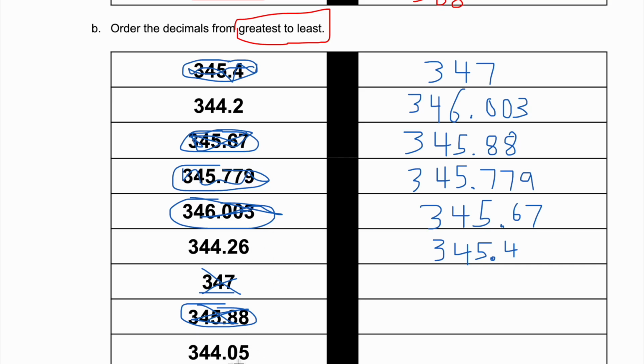I'm looking in the 10th place first. A 2 and a 2. So the highest would be 2. This one is 2.6. Remember, fill in the place value, that would be 2.0. So 344 and 26/100ths, that would be next.